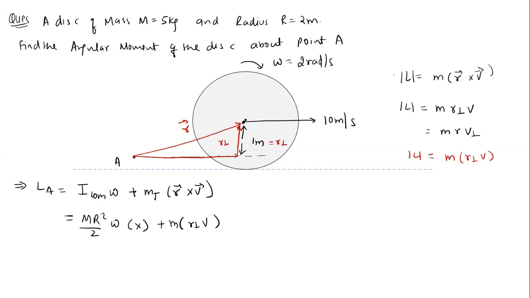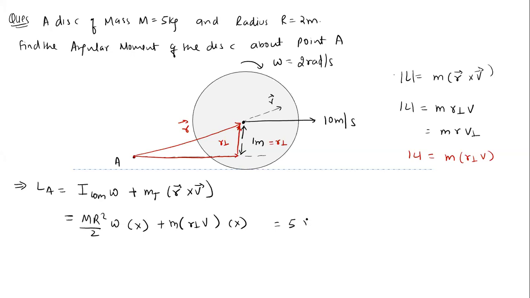The r vector is along this side. So we have to do r cross v. R cross v means put your fingers on the r and rotate towards the v. Where is the thumb pointing? Inside the plane, so this would again be cross. Cross means inside, so we can add both the crosses.